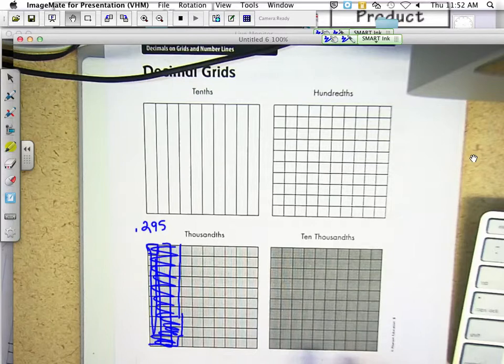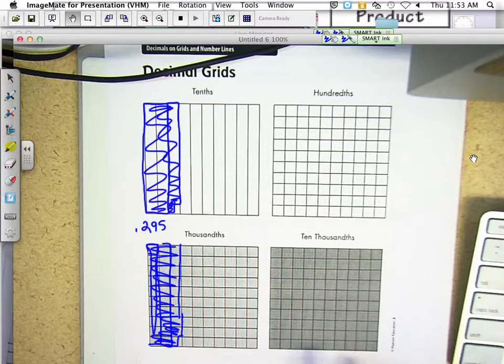Noah? 2. That represents the 200. What would I do with that third row? Here's the 90, right? Here's the 5.